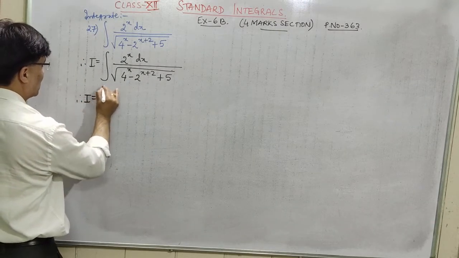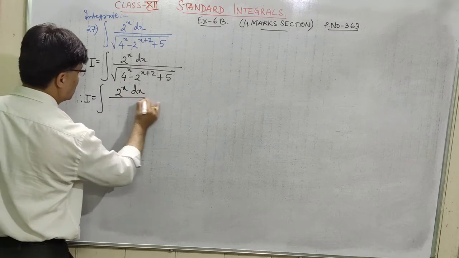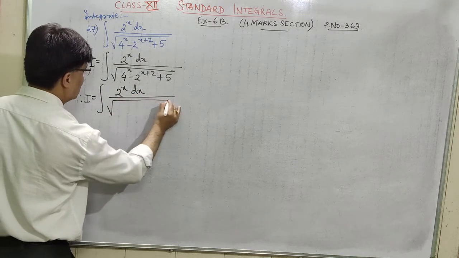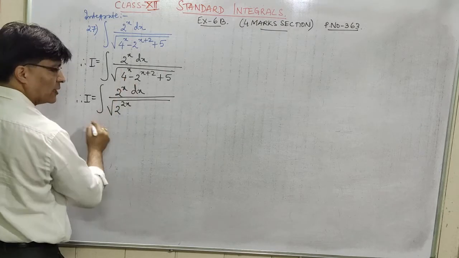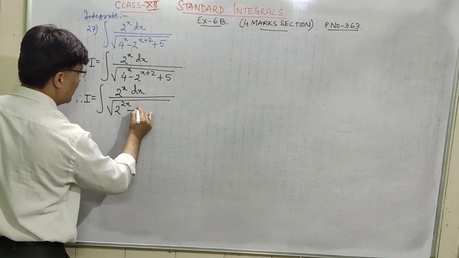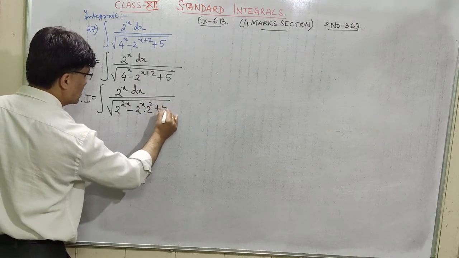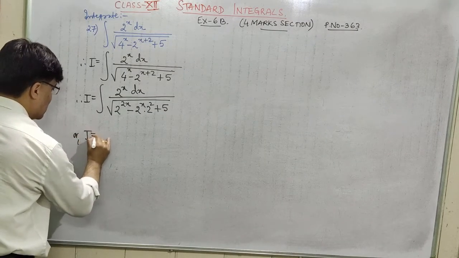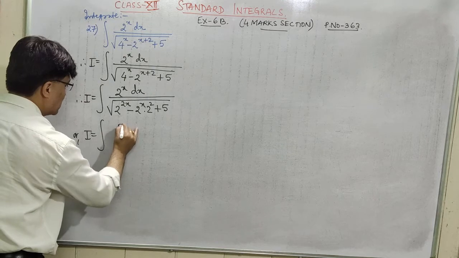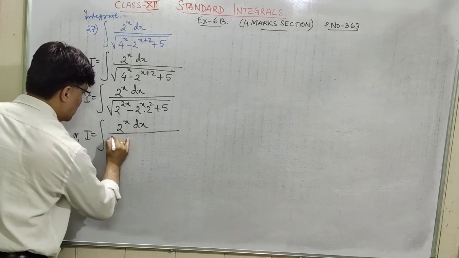So I is equal to integration of 2 to the power x dx divided by within square root here. This can be written as 2 to the power 2x, 4 is written as 2 square, minus it can be simplified further 2 to the power x into 2 square plus this is your 5. Okay. Or I is equal to integral sine, this is 2 to the power x dx divided by within square root.